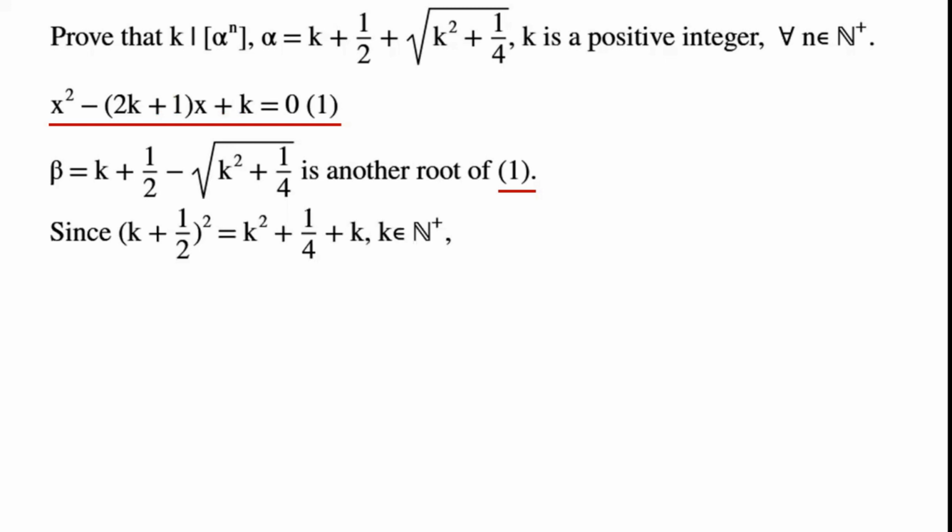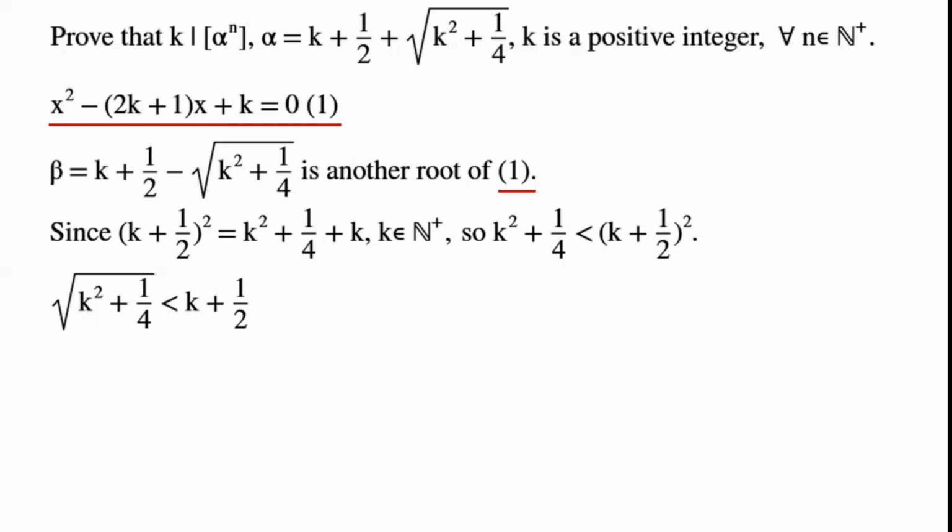Since k plus a half all squared equals k squared plus a quarter plus k, and k is a positive integer, so k squared plus a quarter is less than k plus a half all to the power of 2, which means root of k squared plus a quarter is less than k plus a half. Thus, beta is greater than 0.